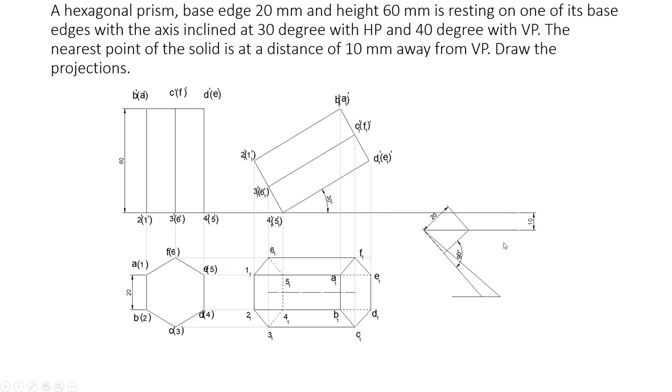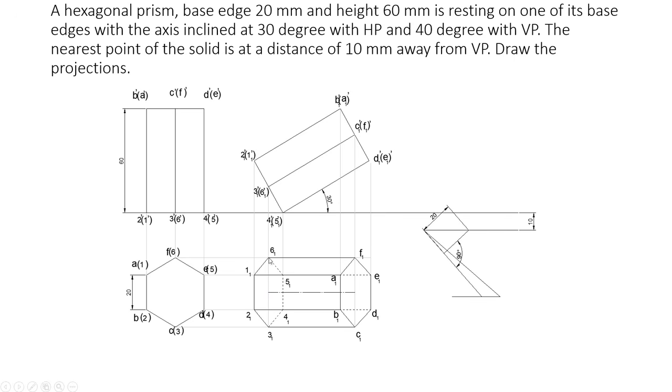Now to draw the line at 48 degrees, consider this new 48 degree line. It is given that the nearest point is at a distance of 10 mm away from VP. Once it is turned like this, the nearest point to the vertical plane will be 6, the point 6. So you want to consider this distance from here to here.